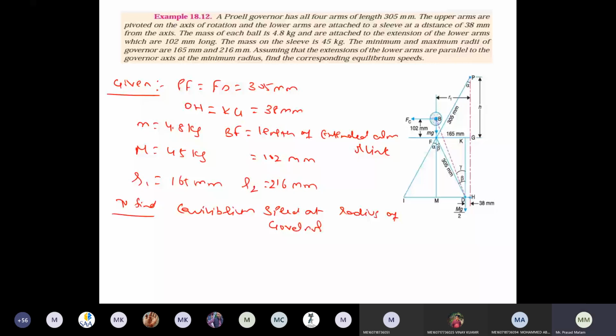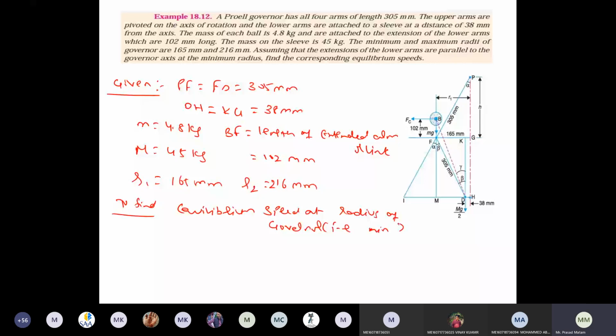How to solve this problem? Try to find sine alpha first. We need to find the equilibrium speed at minimum radius. You can see here in the problem, at minimum radius, find the corresponding equilibrium speed. The equilibrium speed at the minimum radius of the governor, which is equal to R1.